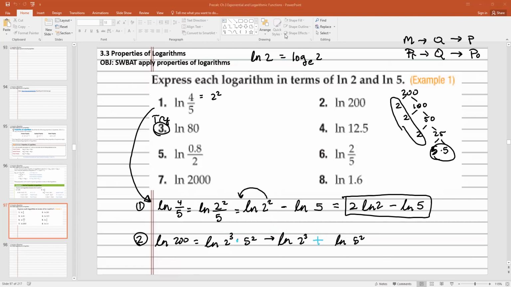And then we bring down those exponents to the front. So 3 times natural log of 2 plus 2 times natural log of 5. And that is that.